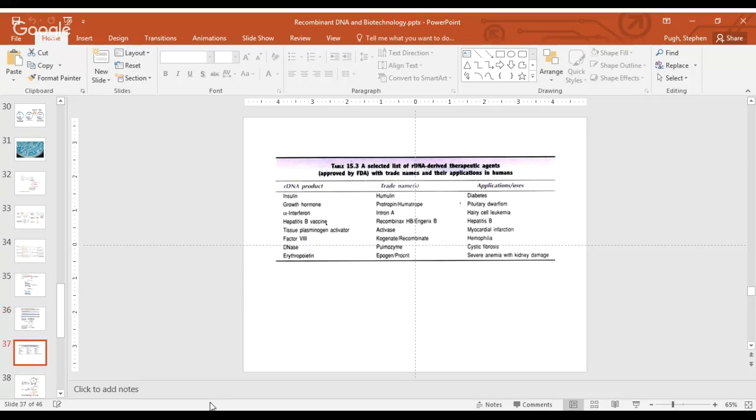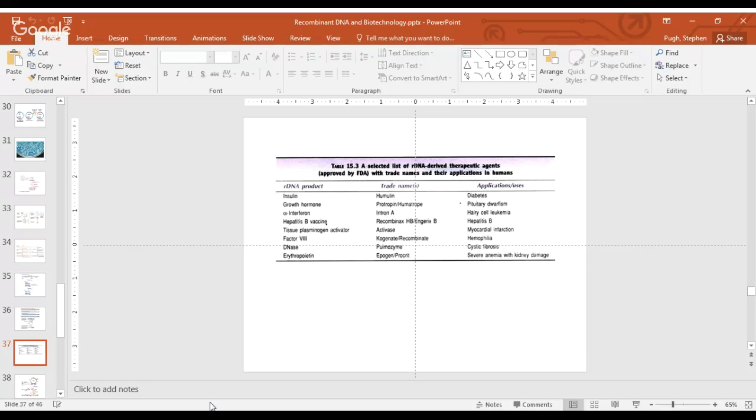And it turns out dozens, maybe even hundreds of different kinds of proteins that humans might need to treat particular diseases have been identified and techniques have been developed in order to induce bacterial cells to produce them. And so here's a short list of them. Insulin is at the top, and again, it's used to treat diabetes, but human growth hormone can be produced to treat individuals that have pituitary dwarfism.